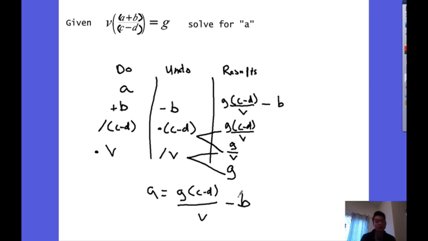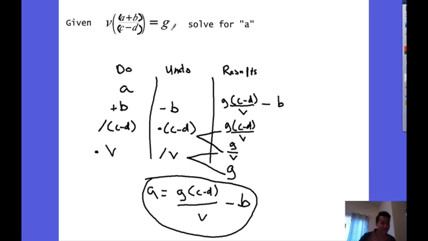Now if you take a moment and look at my final equation that I saw for a, g is sitting by itself and everything else is happening to g, because I'm undoing the entire process to get a by itself. You see that it was being divided by c minus d, so there's the times c minus d. I saw that it was being multiplied by v, and there's that dividing by v.